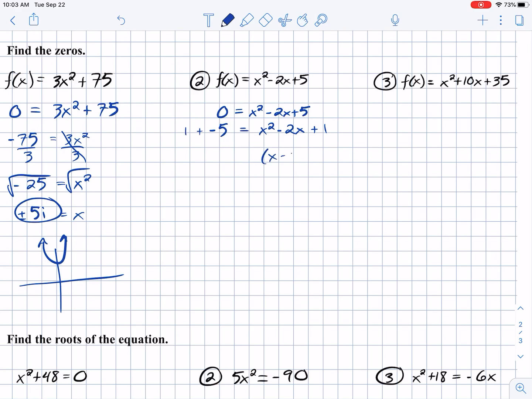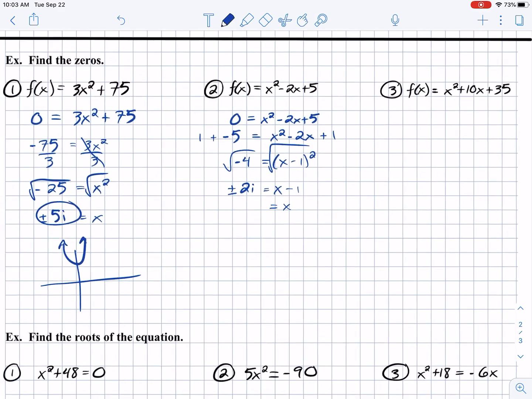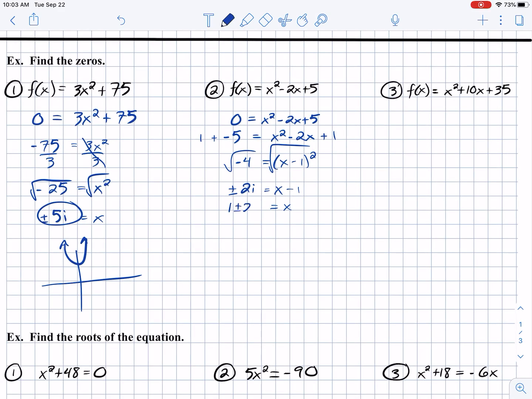This factors to x minus 1 squared equals negative 4. Take the square root of both sides. We get x minus 1 equals plus or minus 2i. And then add your 1 to the other side. We have 1 plus or minus 2i is our solution.